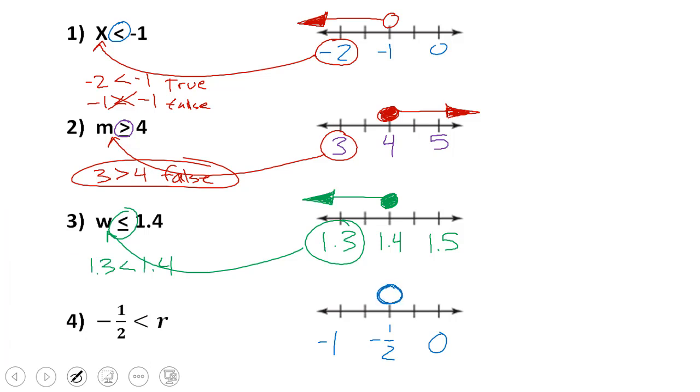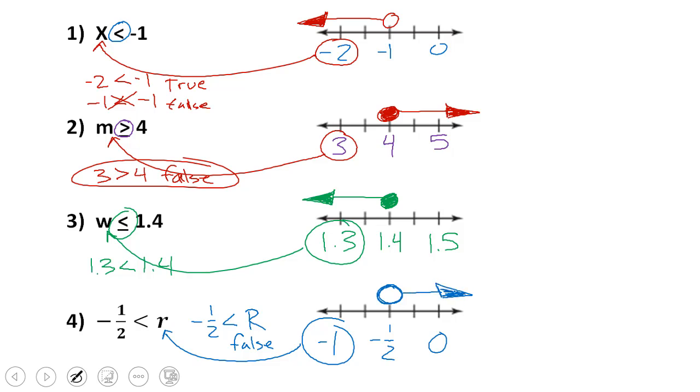An open circle. Now I'm going to take this negative 1 and put it in here for r. Is negative 1/2 less than r? Is that a true statement? And the answer is no. That's false. So since we don't want that negative 1, we're going to graph the other direction.